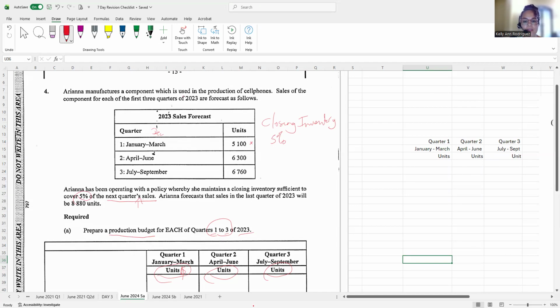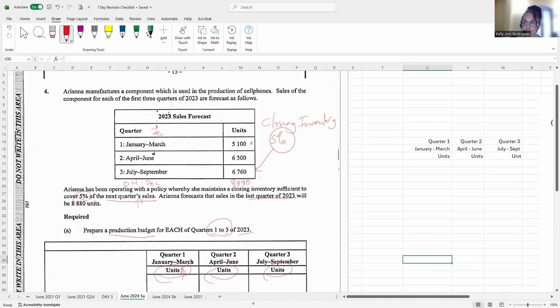Ariana forecast that sales in the last quarter of 2023, which would be not July to September but October to December, to be 8,880 units. So you know why they're giving you that? So that you'll be able to estimate what your closing inventory is in the third quarter.